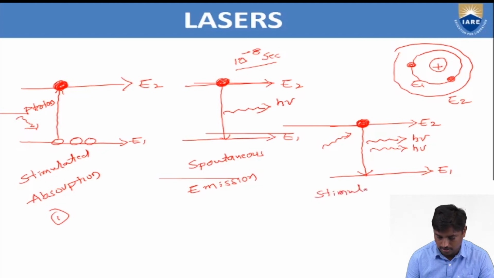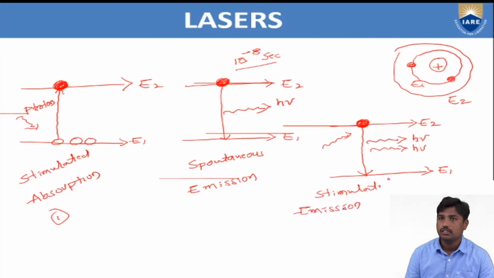What is the difference between spontaneous and stimulated emission? Spontaneous emission occurs after completion of the lifetime, meaning the electron spontaneously de-excites to the ground state energy level with emission of a photon.